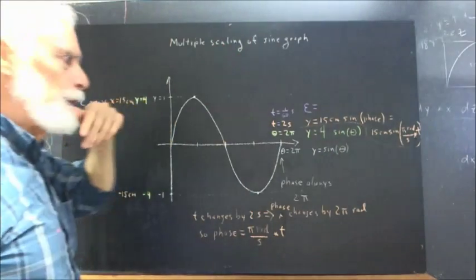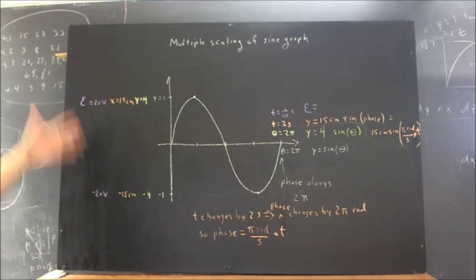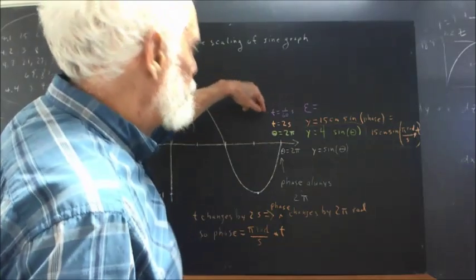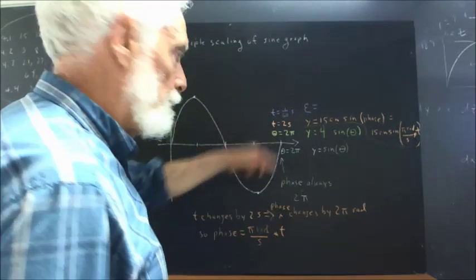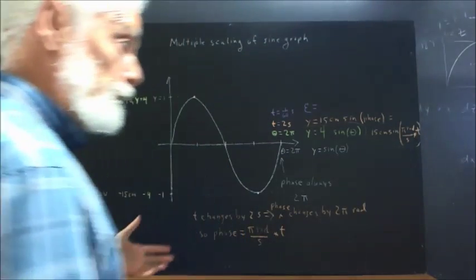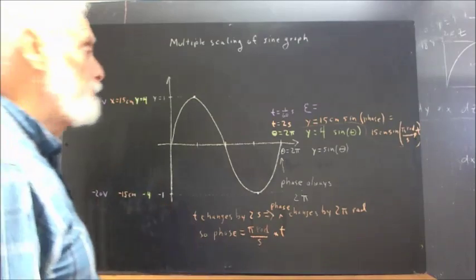And this stands for electromotive force, and this corresponds to a voltage supplied to a circuit. And the voltage is such that it goes through a complete cycle in 1/60th of a second. That would correspond to the frequency of the power you get from the power station.